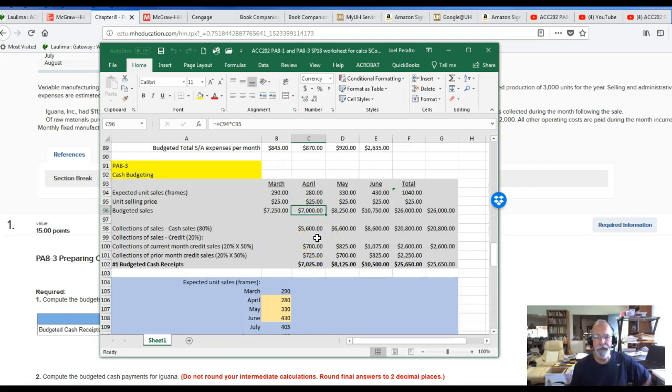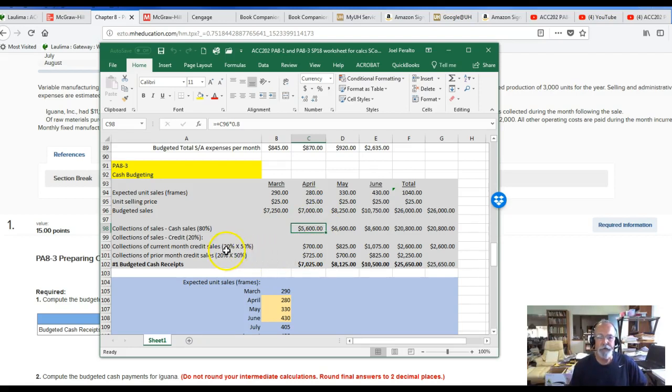However, cash collections, as is normally the case, is a little different from sales, unless all of your sales are 100% cash. In that case, sales equals cash receipts, but it's not normally like that. In this case, 80% of our sales is cash sales, so that's this amount. 80% of 7,000 is 5,600.